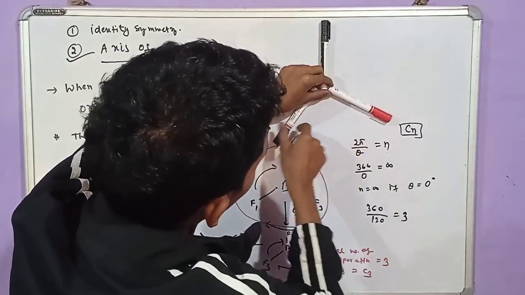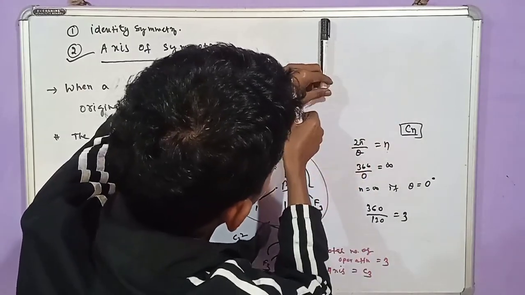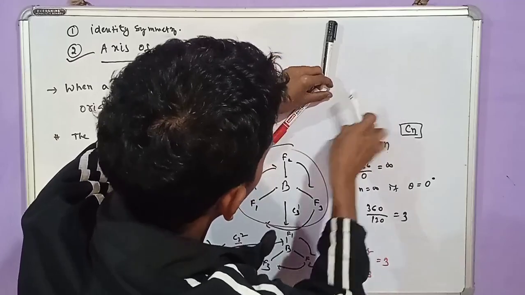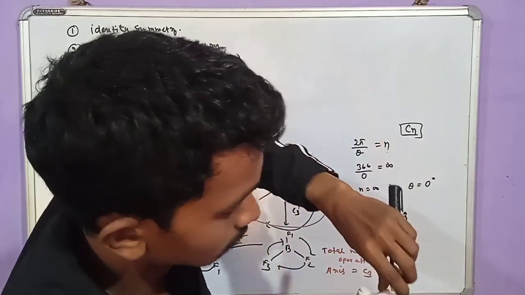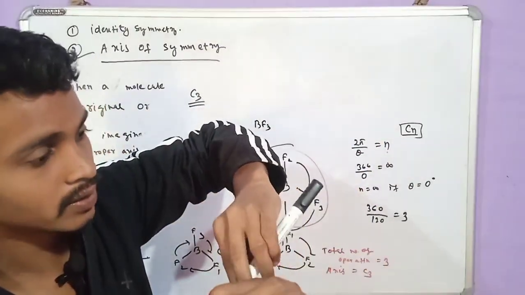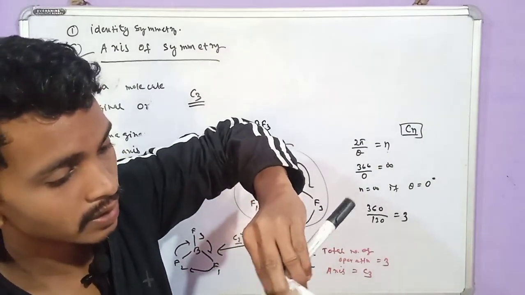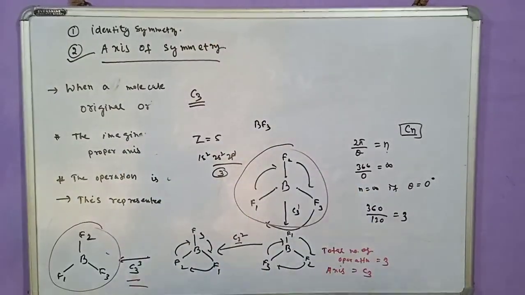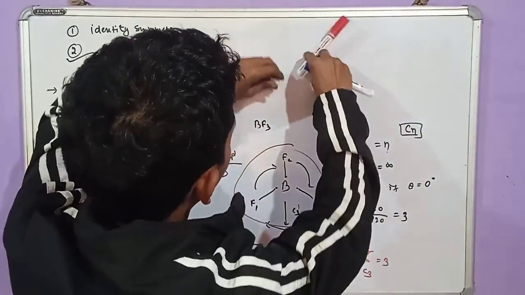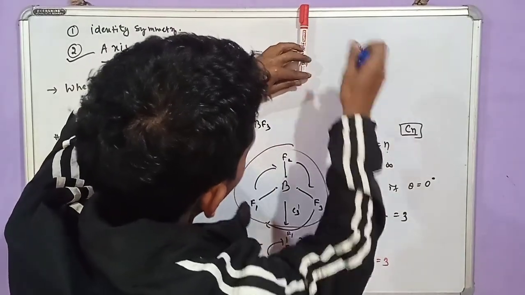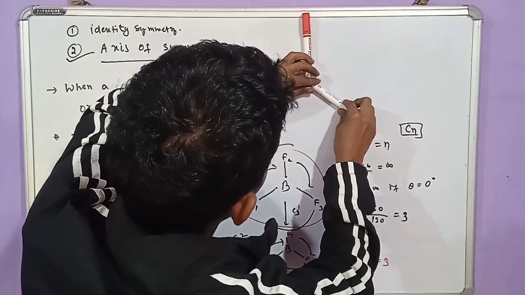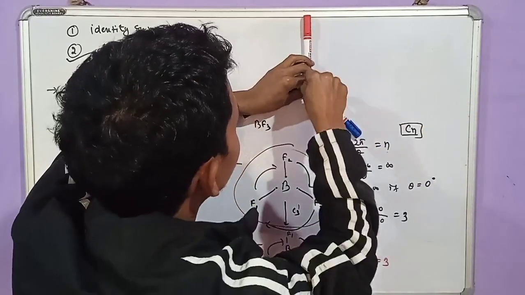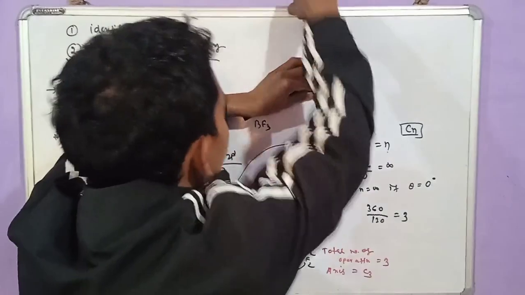So this is constant, meaning only these two will rotate because the thread is coming like this. So for C3 I am passing here, and for C2 I am passing here.